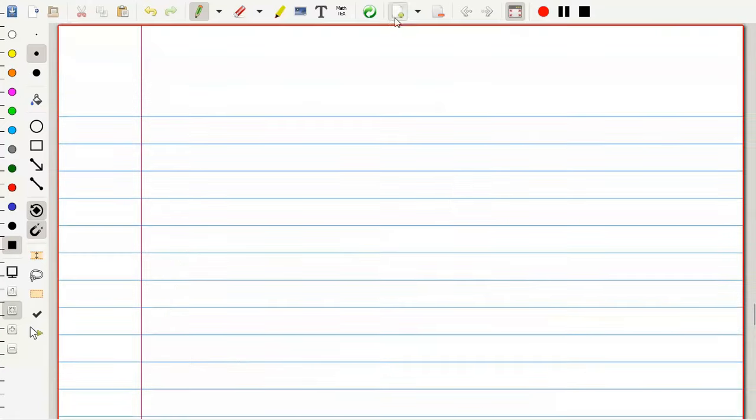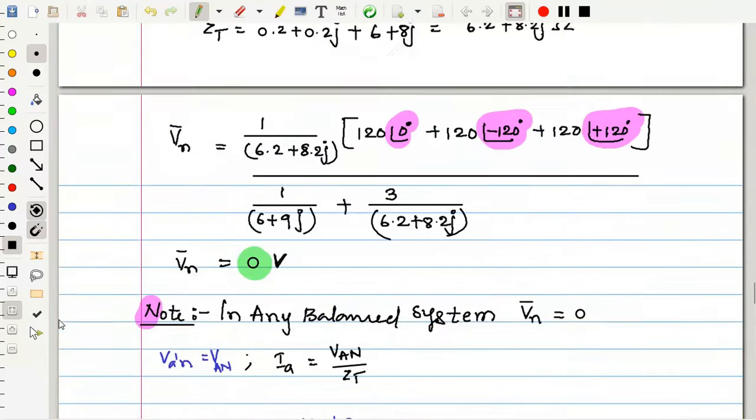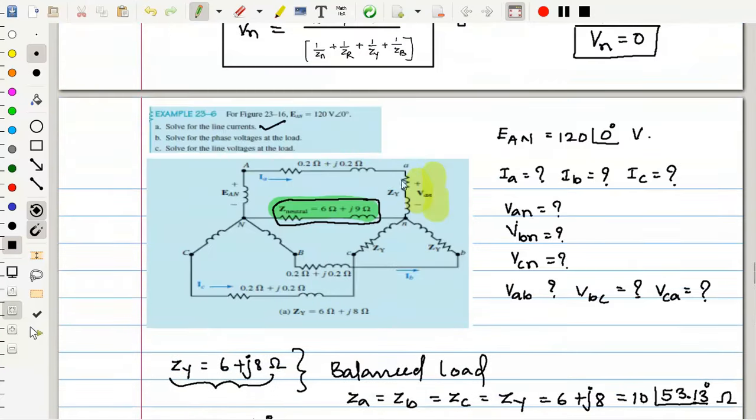Right. So now I want the phase voltage. Phase voltage VAN is equal to IA into ZY. Simple thing. Why IA into ZY? Refer to the diagram, this original diagram. VAN is equal to the current through this into the impedance. What is the current through this ZY? This portion, only this portion.